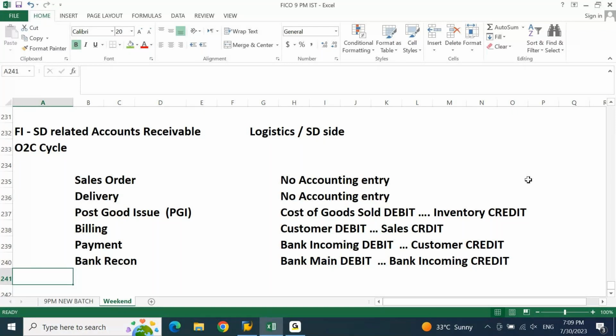Now, from where will this information come? If you're talking about the address on your invoice, from where will the address come? Is this address logic to be provided by the SD consultant, or by the FI consultant? And when you're talking about the VAT number or tax identification number to be printed on the invoice, who is going to maintain this tax identification number?